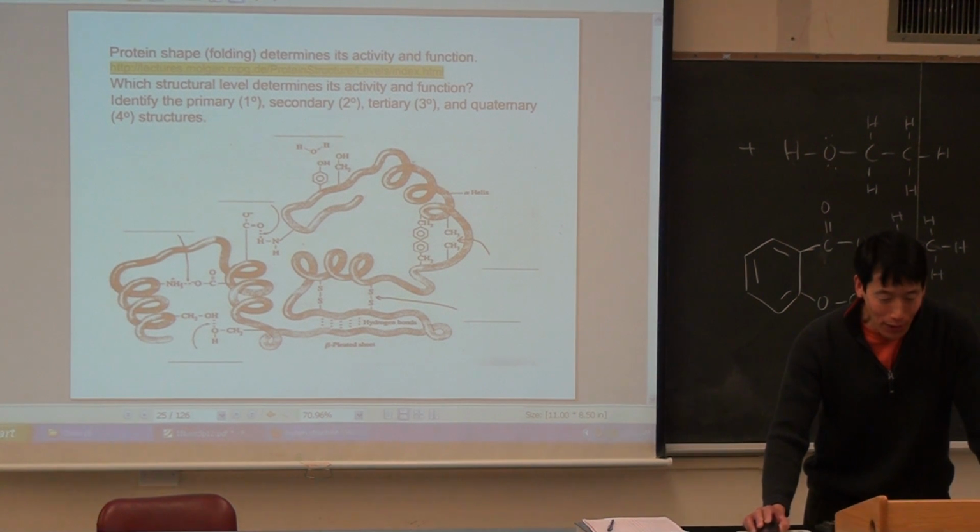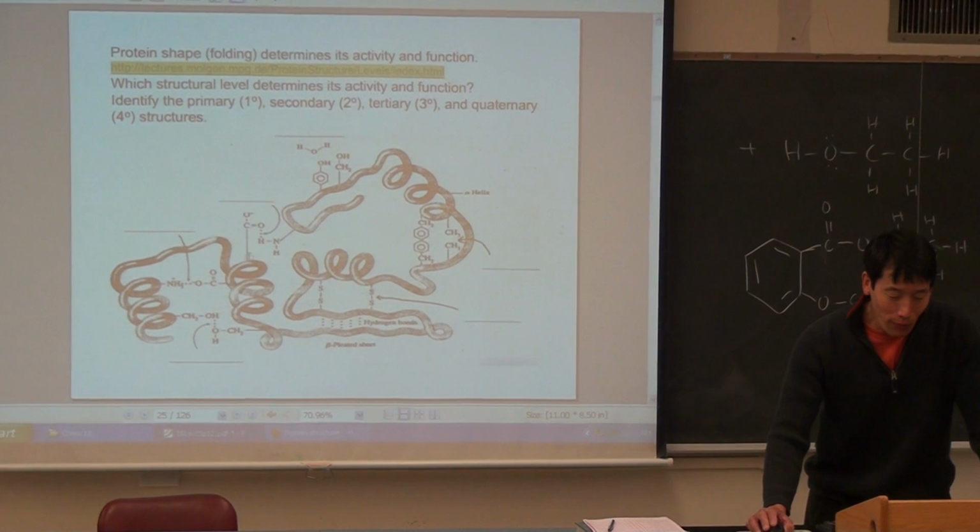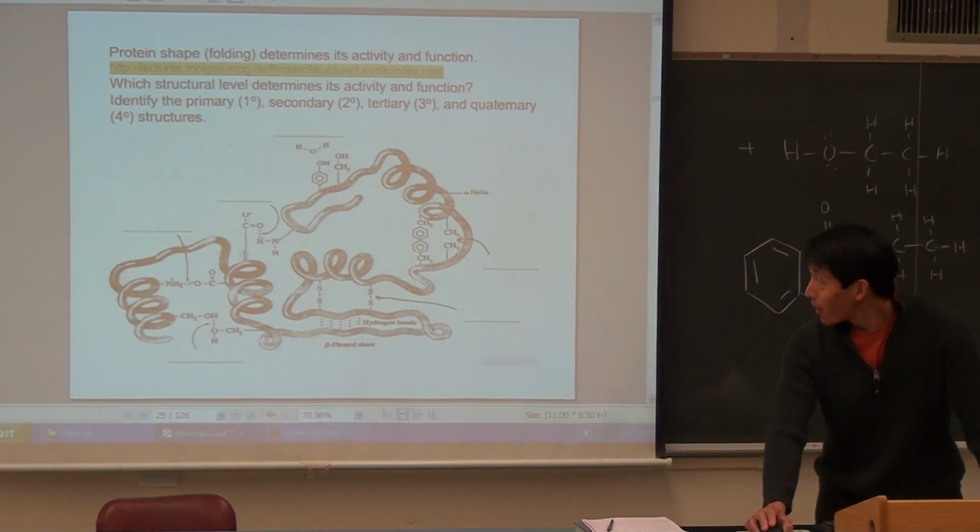Okay, so let's go and actually take a look at this. So here's an example of an alpha helix here, and here's a beta sheet here. So note that hydrogen bonds hold those secondary structures together. So here's another alpha helix, there's another beta sheet, and in here, for example, this would be part of the amino acid.